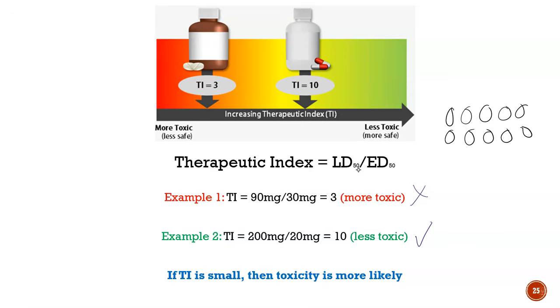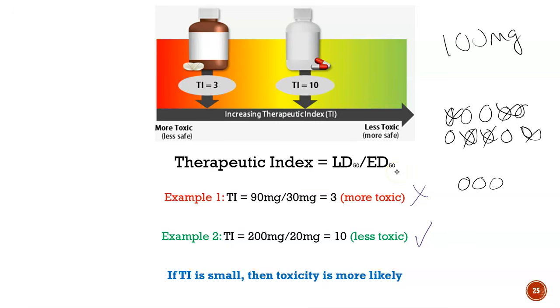Let's say they give 100 milligrams to all the rats, and they find that 50% of them died. So the only rats that remained alive are 1, 2, 3, 4, and 5. So 5 rats are left alive. That's your lethal dose because 50% of them died. Then you divide it by your effective dose.